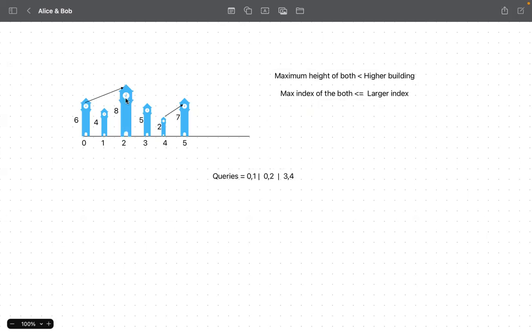And if we look at the higher building, like I have written here, then there will be no answer, because from 8 there is no higher building. So why is it the answer? Because one can be immovable, one will not move, and the other can move, right? So this will be a corner case here, and that's why we are dealing with it.